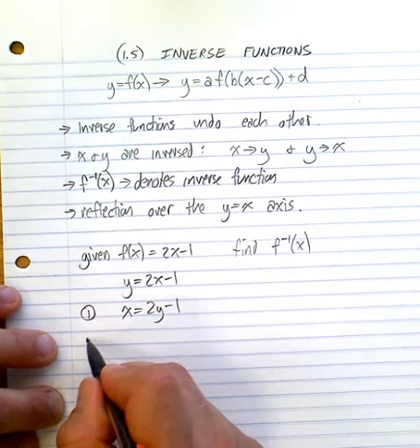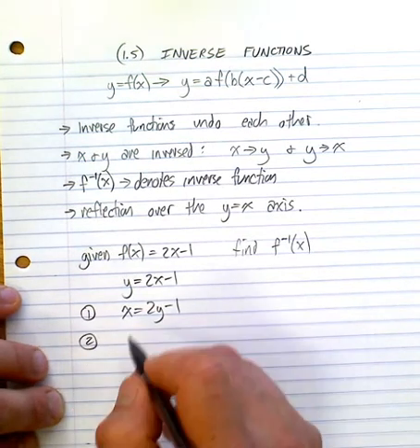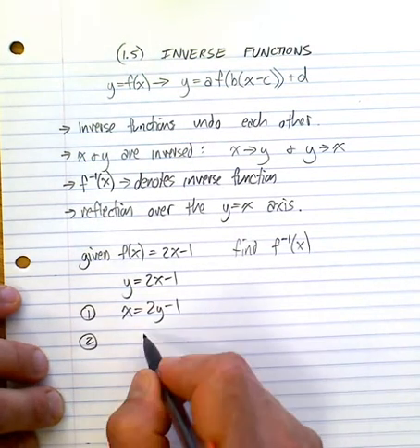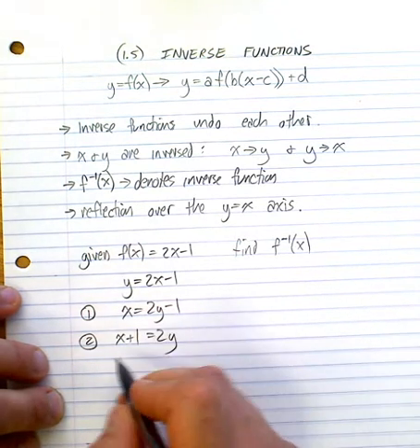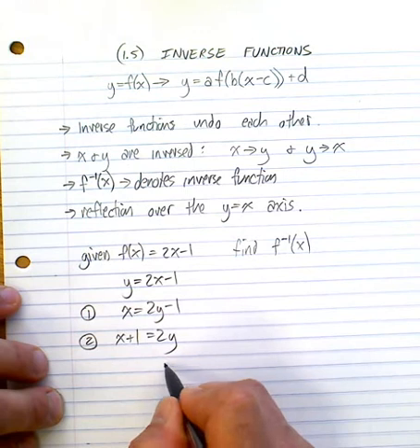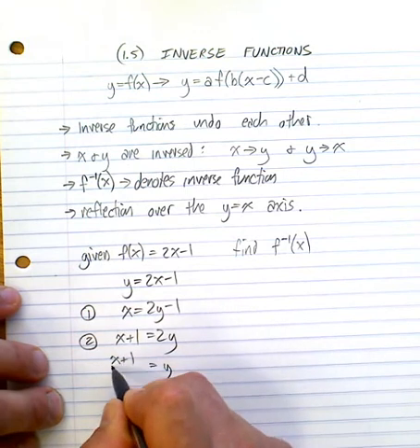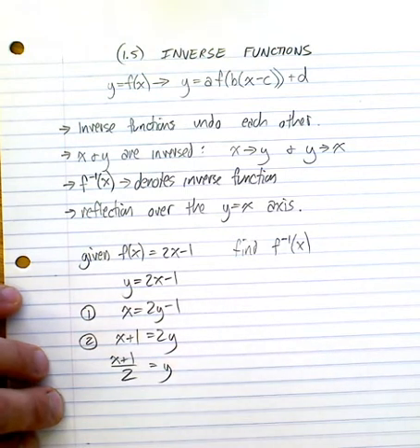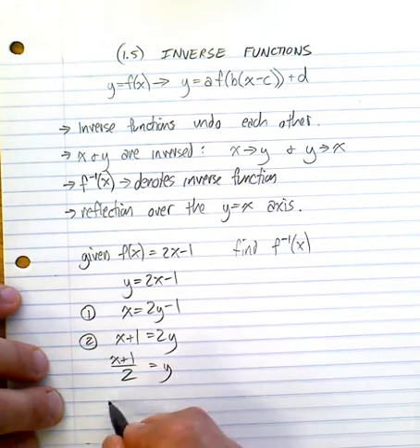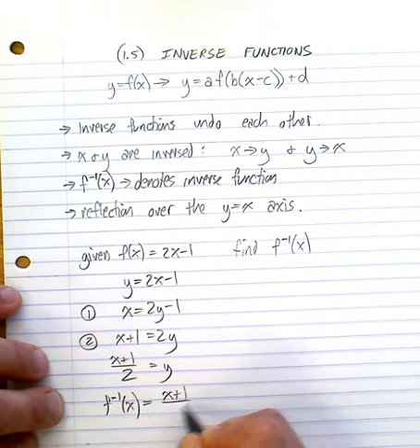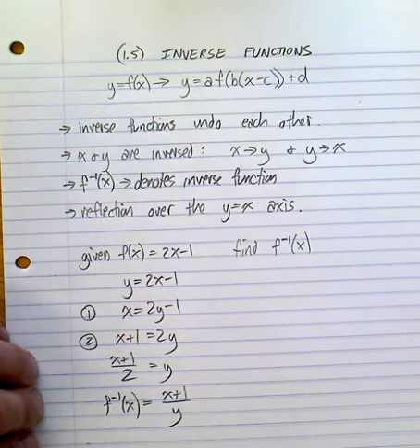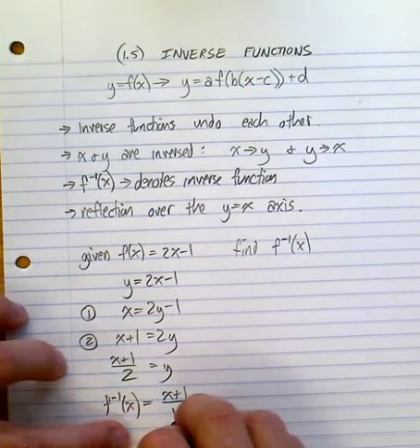And the second step would be solve for y. So you're going to have x plus 1 equals 2y, and then you're going to solve it for y. Y is equal to (x plus 1) over 2. Okay, and this would be the inverse. So your inverse function of x will be (x plus 1) over 2. My apologies.